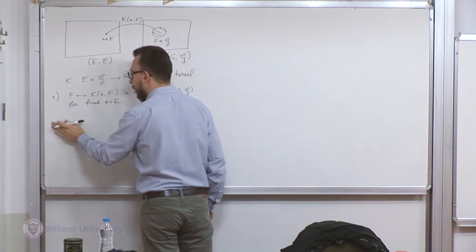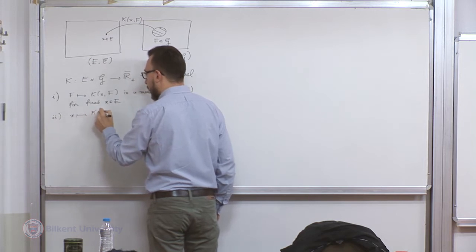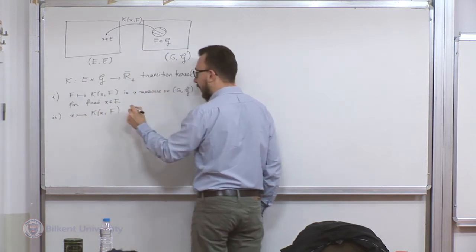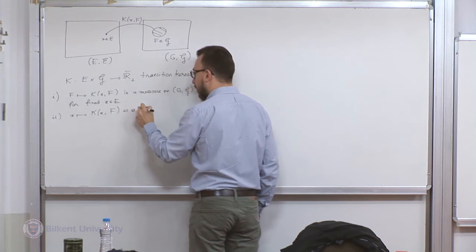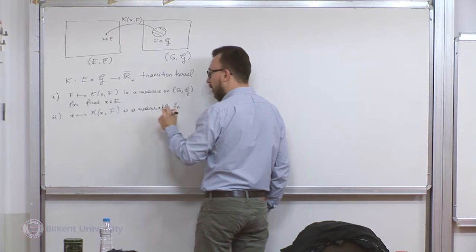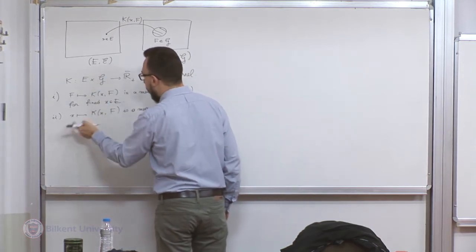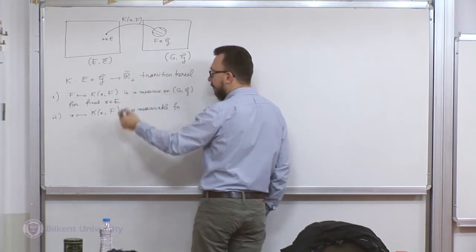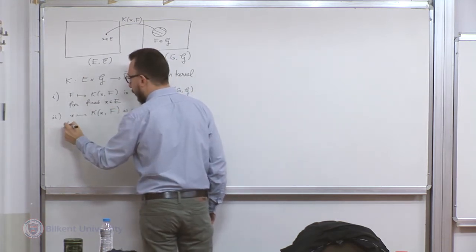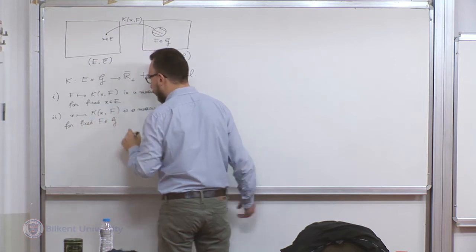And as a function of x, this is a measurable function, or a random variable is a measurable function with respect to, of course, script E. And here we have the Borel sigma algebra for fixed set f in the second space.